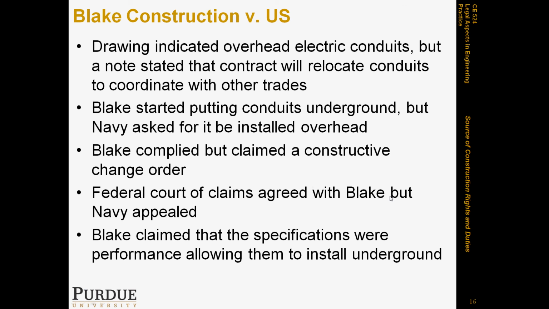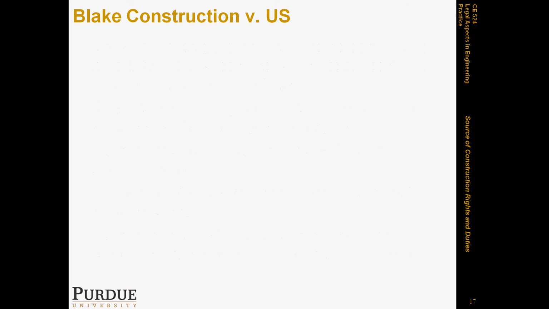In that case, Blake did claim that the specifications were performance specifications that did allow them to install underground, so they gave them full responsibility as long as the performance is met, and as long as the electric conduits are installed, and as long as there are no conflicts with other trades. However, the court did not view that there was that much freedom in that performance specification.